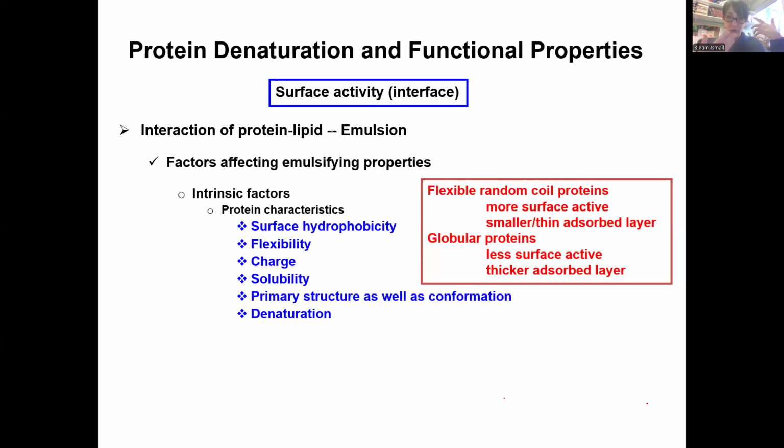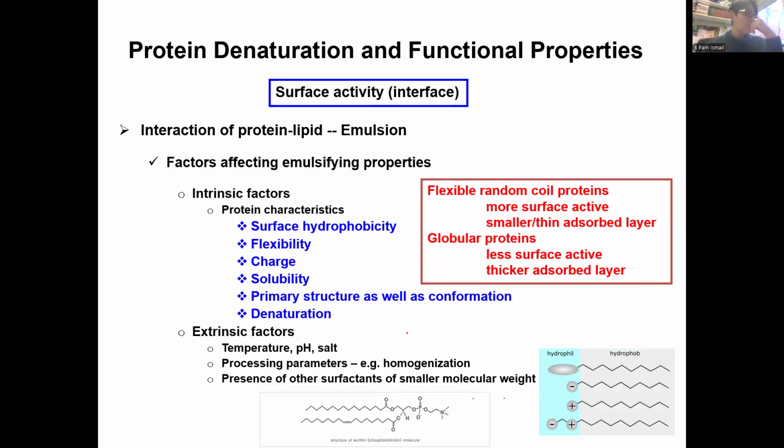So a combination of different types of proteins and conditions will get you to a point where you have good activity, good emulsion, small droplets, and stable. The thicker the film around your oil droplet or water droplet, the more stable it is.